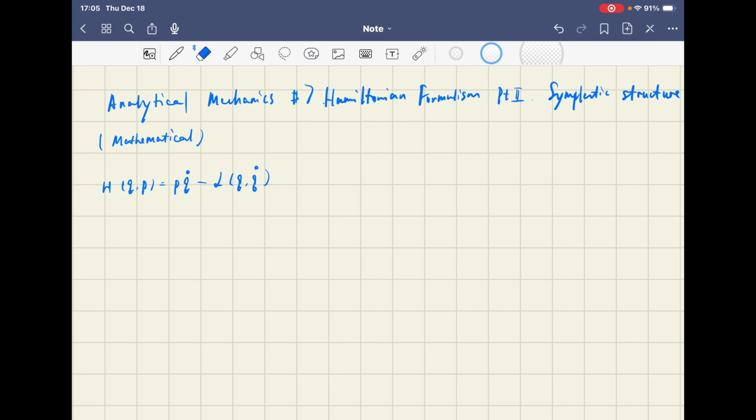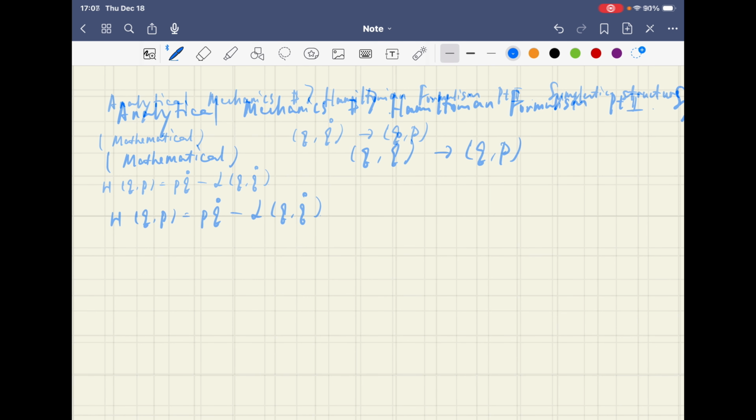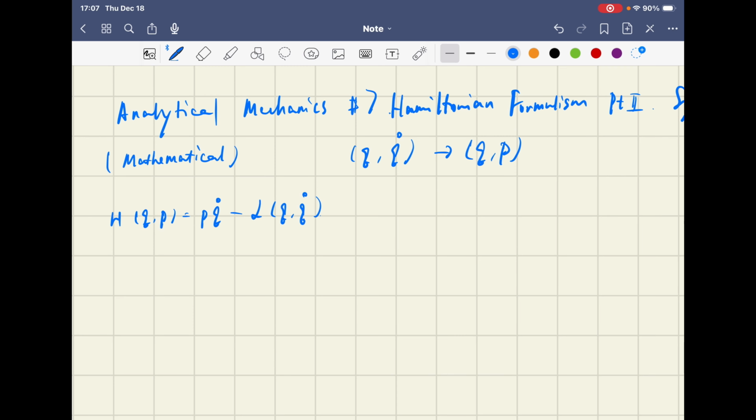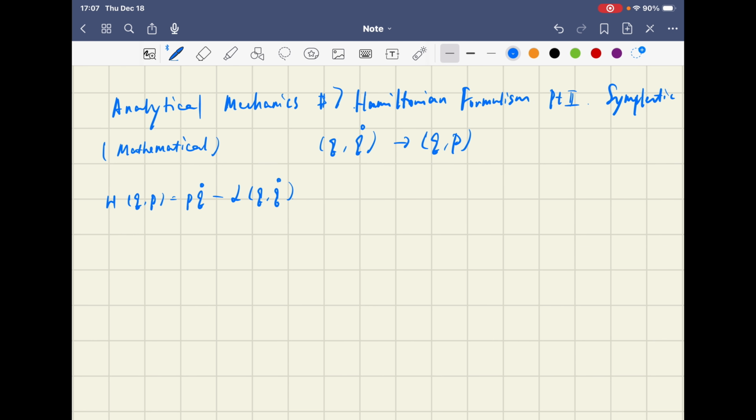We change from the generalized coordinates q and generalized velocity q dot to q, p, which are respectively the coordinates and the momentum. At the same time, the function changed from the Lagrangian function to Hamiltonian function, and the Hamiltonian function takes the form of this.